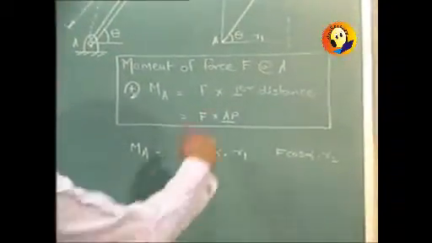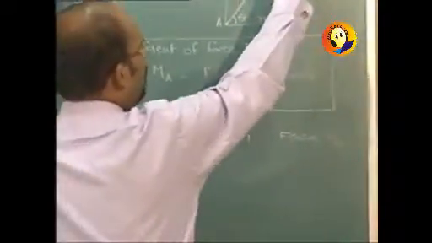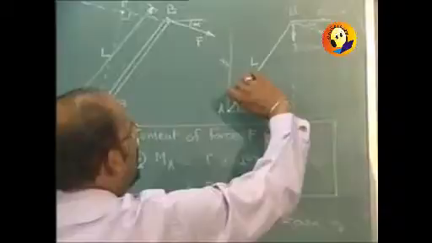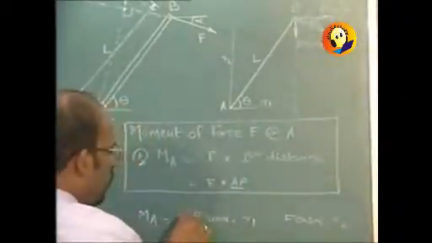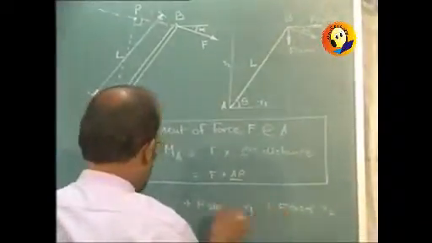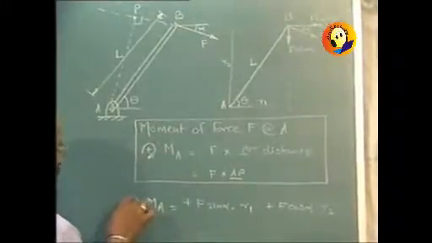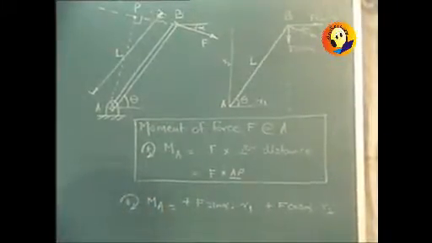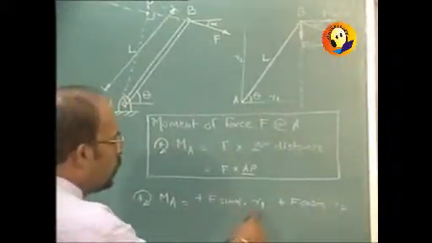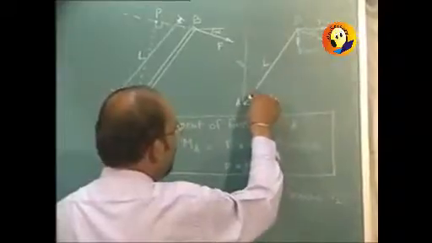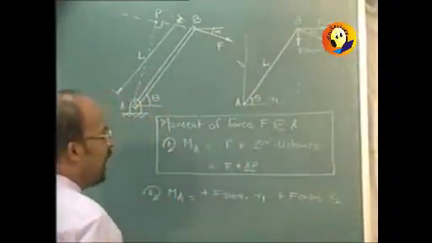Now we can check that the direction of the moment of F sin alpha is going to produce a clockwise moment, and so is F cos alpha. So both of them are positive. Our consideration is again the same one, clockwise positive. Now R1 and R2 can be determined because we know the length L and the angle subtended by this length as theta.